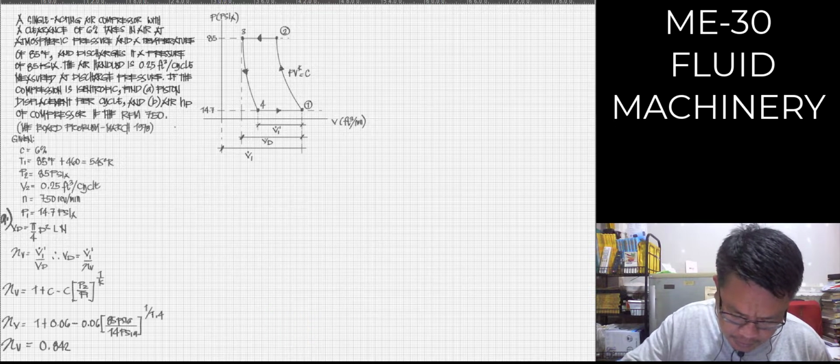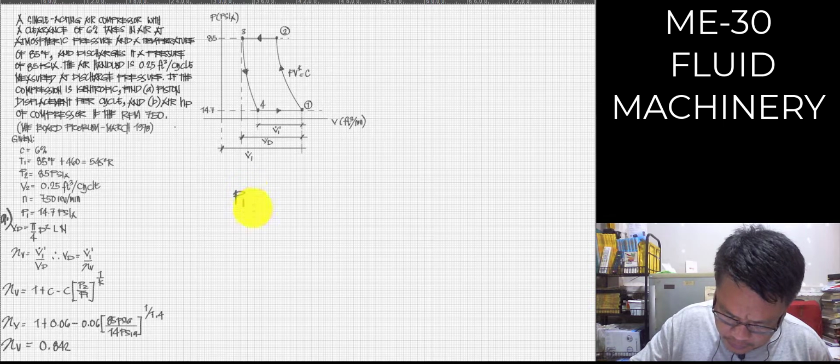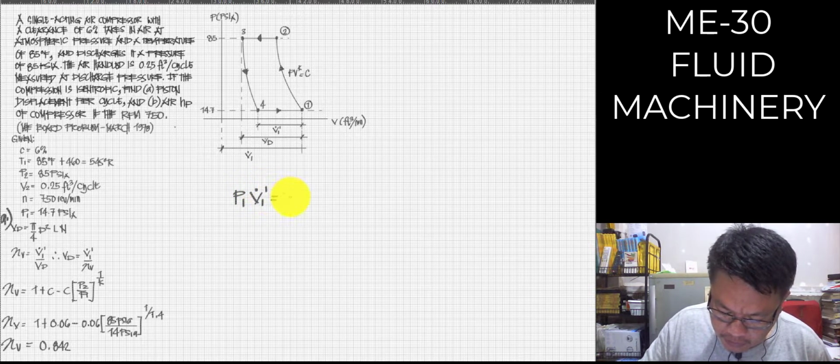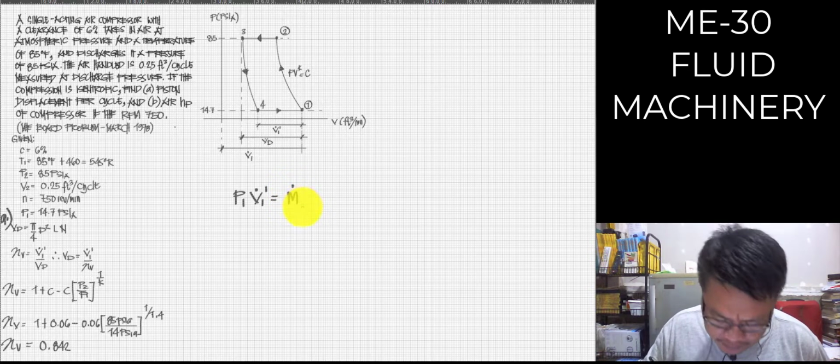Now the problem we have left is the value of V1 prime. Okay, so let's try to use PV = mRT to solve the value of V1 prime. So I have your equation that will be P1 V1 prime, which is equal to mass 1 or mass flow rate prime.